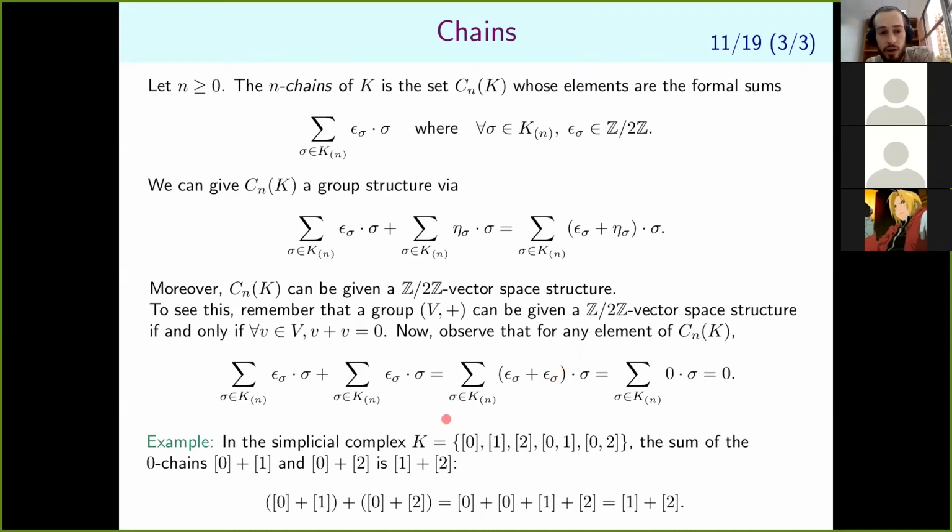And now, remember that epsilon is an element of Z over 2Z. And any element of Z over 2Z, when you add it to itself, is equal to 0. So this sum is equal to the linear combination with only zeros. So this is 0.